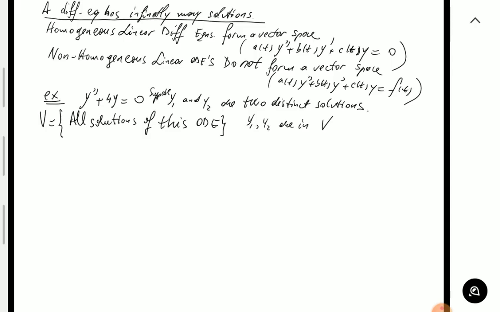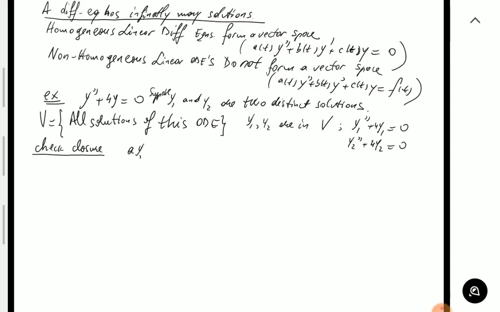That means they satisfy the equation. If I plug in y1, I get y1 double prime plus 4y1 equals 0, and if I plug in y2, I get the same. What happens if I plug in a linear combination? Let's check the closure property.